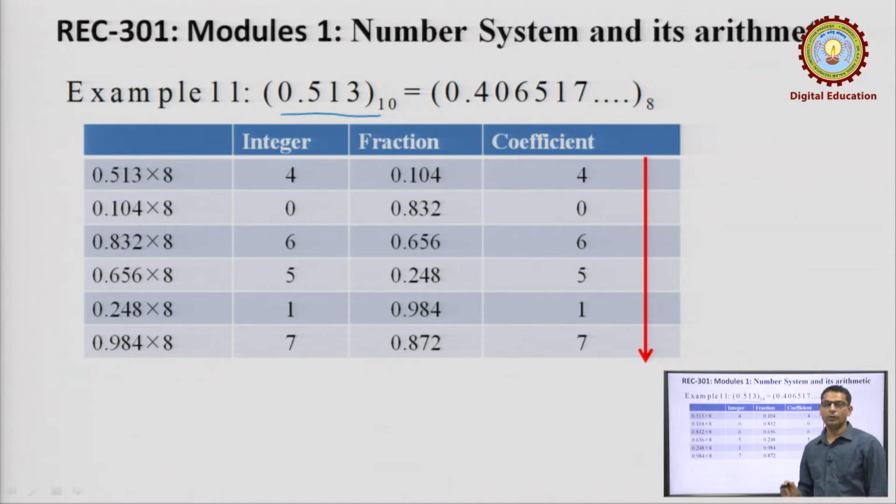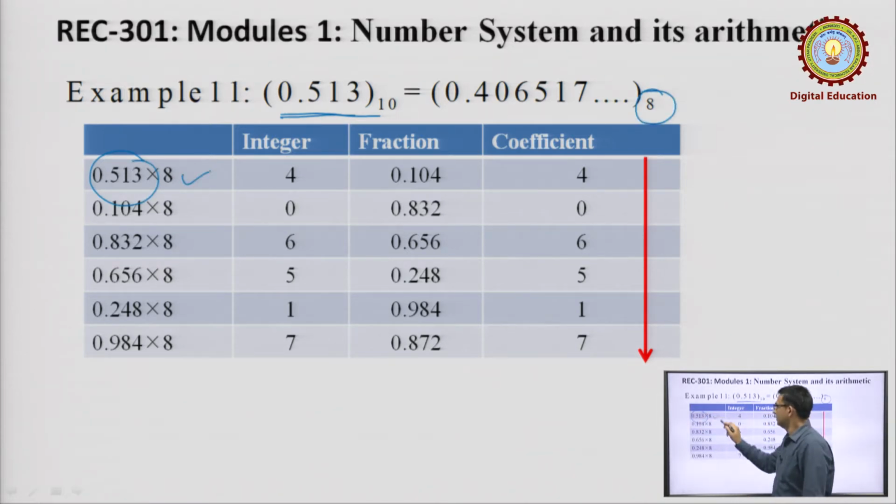If we want to convert this decimal number to an octal number, we will take it in this column and multiply it by the base value 8, because the base value for the octal system is 8.